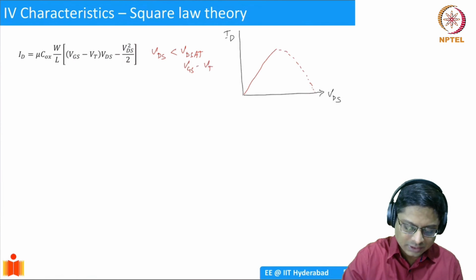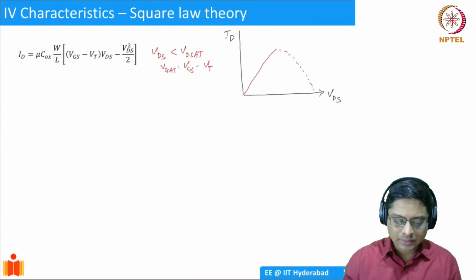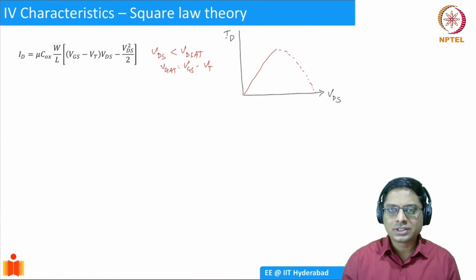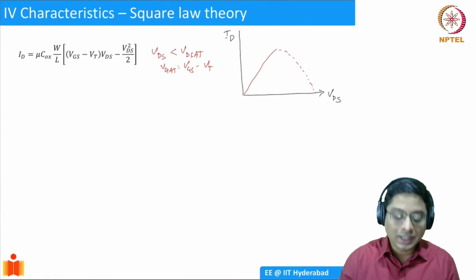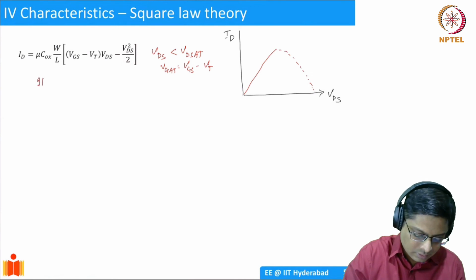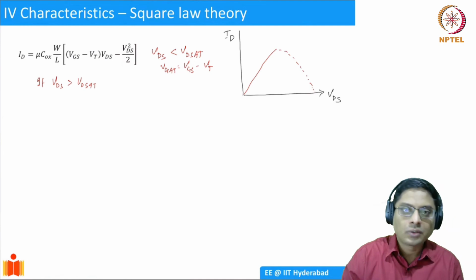VD sat is equal to VGS minus VT. If your drain voltage is less than VD sat, then this expression is good. But if your drain voltage is greater than VD sat, what does this expression become?